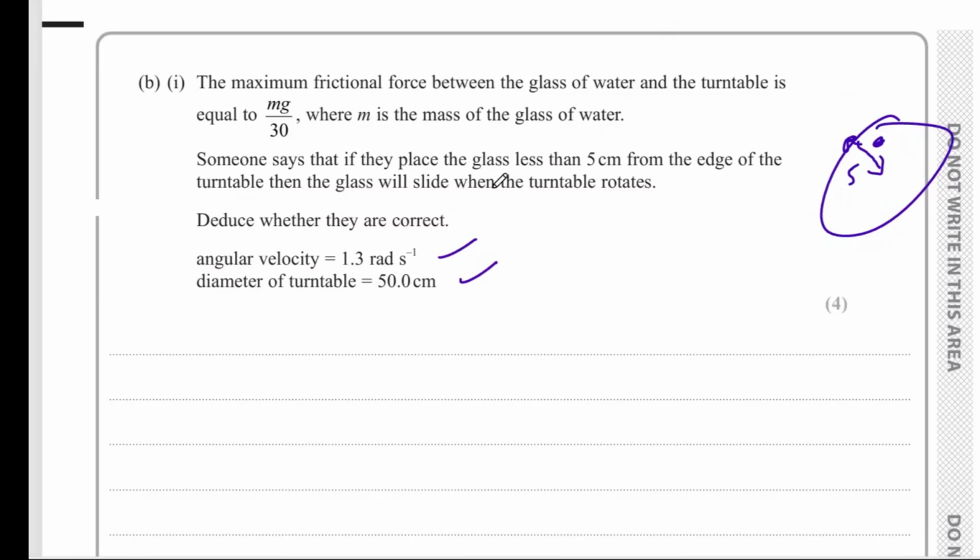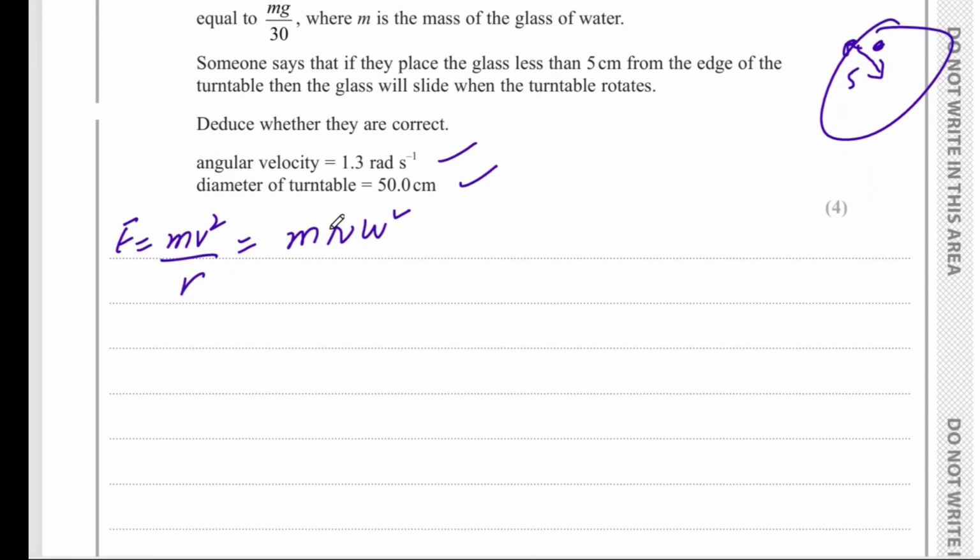I'll be using the formula F equals mv squared upon r, which can also be written as m r omega squared. First of all, I'm just going to calculate the radius, and the radius comes out to be F upon m omega squared.